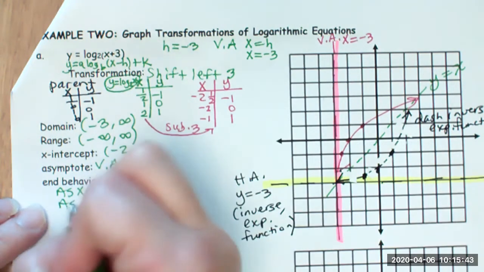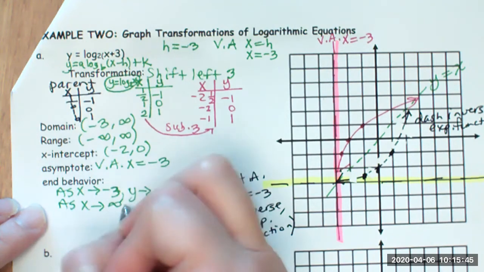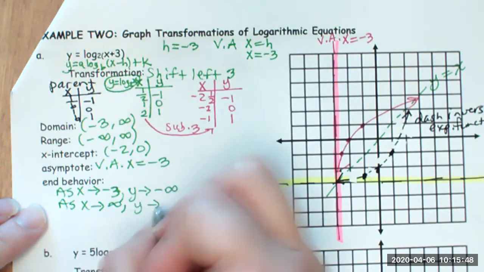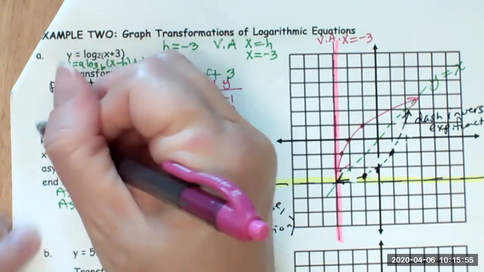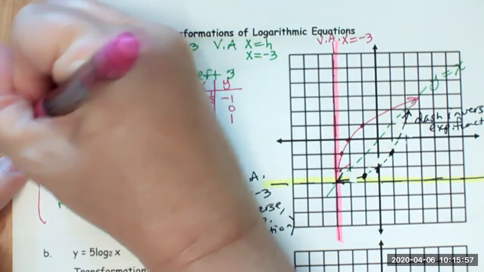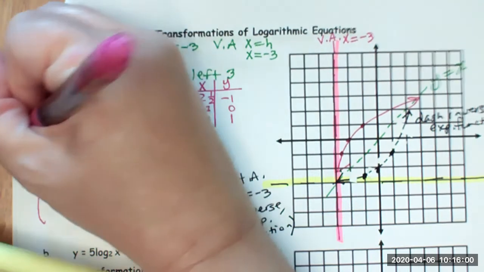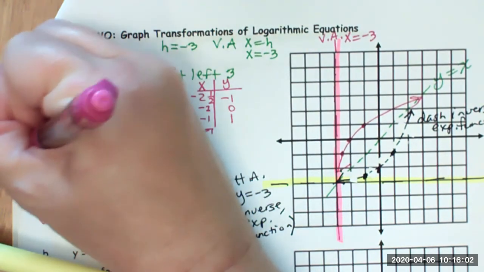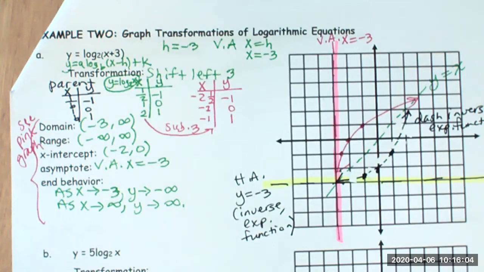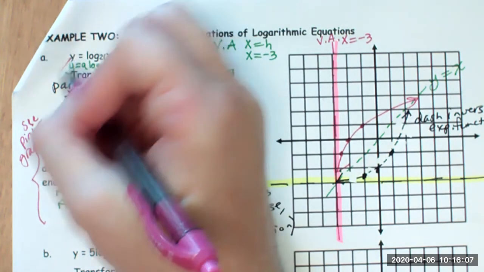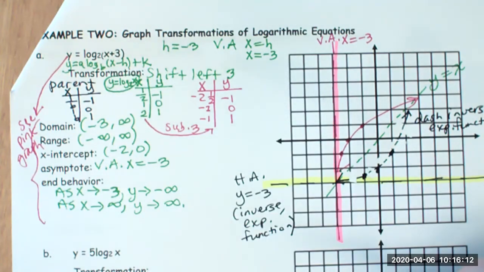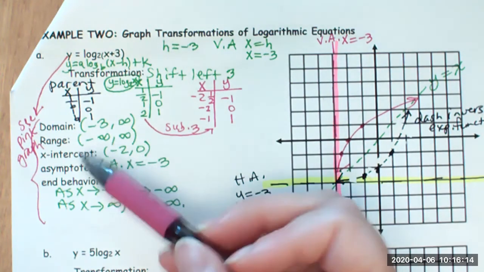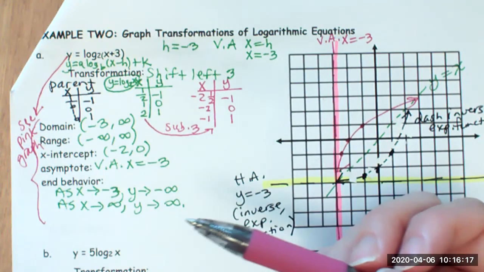And as x approaches infinity, y is approaching infinity. Okay? I notice I used different colors here, so let's make sure we're all clear. I'm going to say this is the pink graph, just so you understand that that's what that goes to, because that is the graph of the original equation that we're looking for. Okay? So let's talk about calculating the x-intercept algebraically.